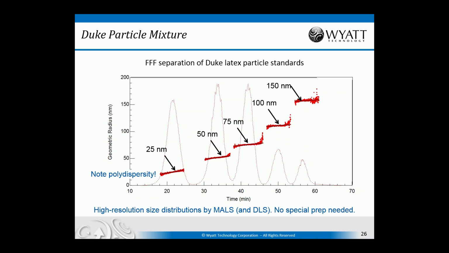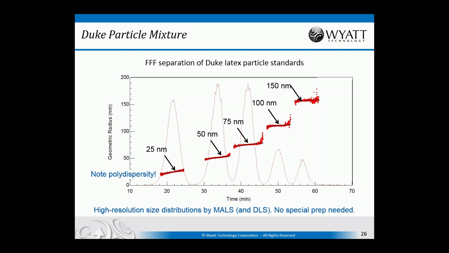This is, of course, much, much better than you can get with dynamic light scattering, where if there's no separation, dynamic light scattering will give you populations that differ by a factor of 3 to 5 in size. Here you're getting baseline separation on particles that differ by just 30 to 50%, and we'll actually see an example later on of even better separation.